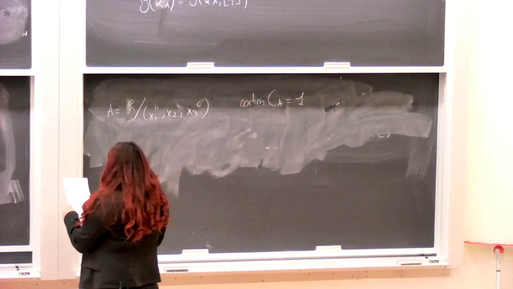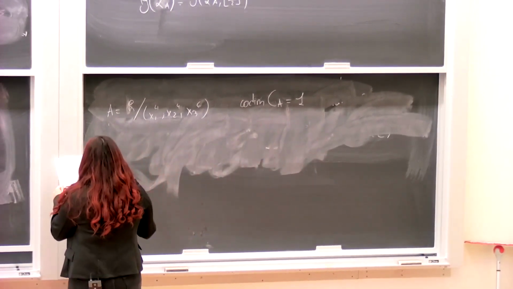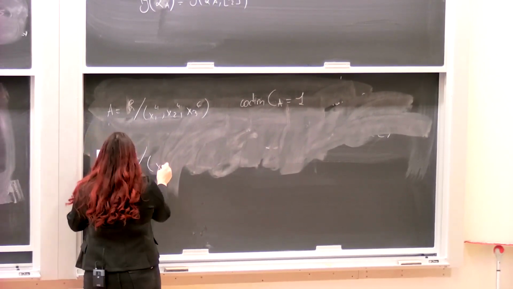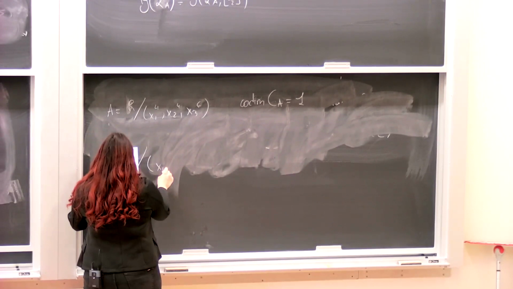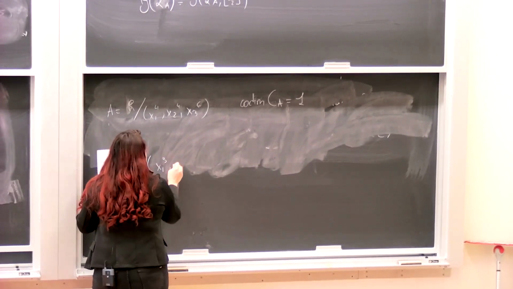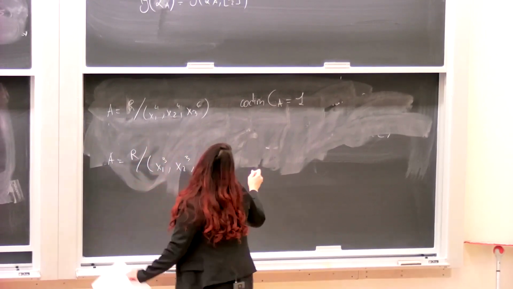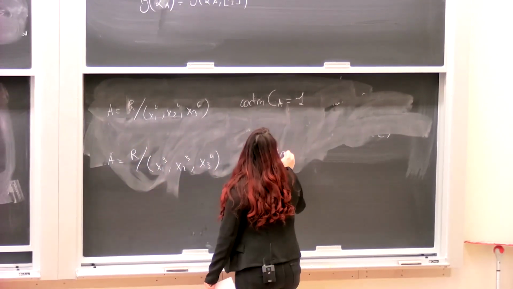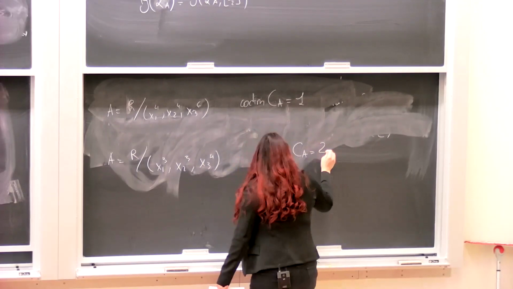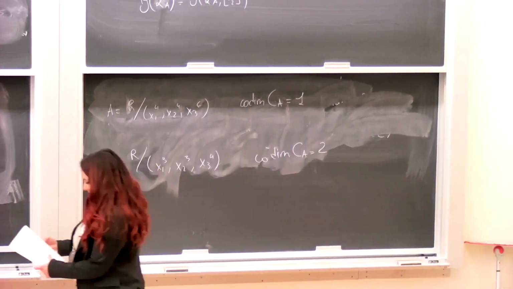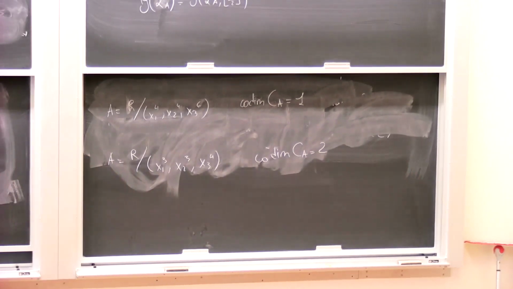And the last example is when the degrees are 3, 4. In this case, actually, the codimension is as expected. Okay, so this is all. Thank you.